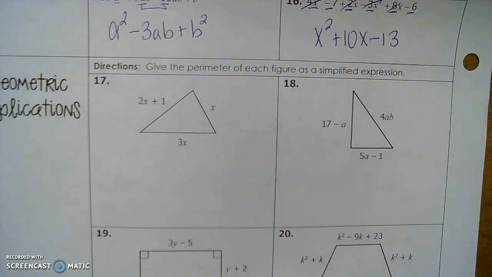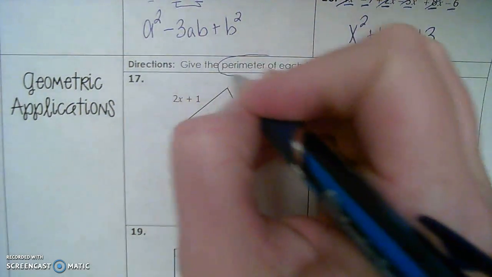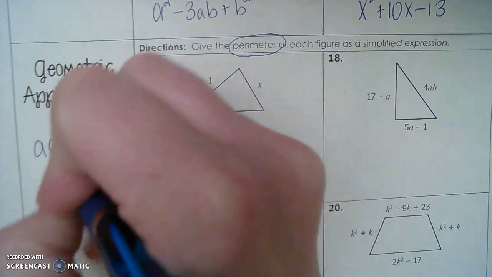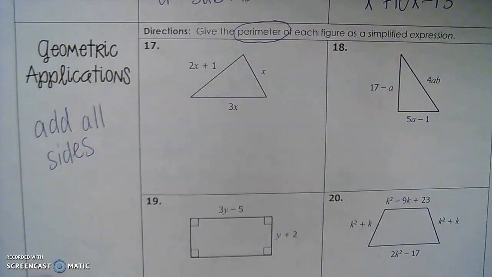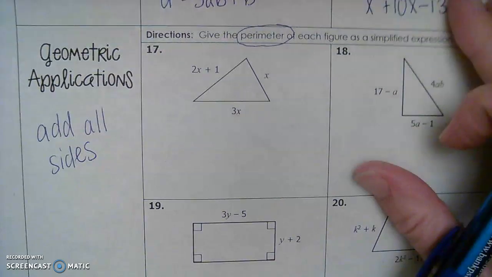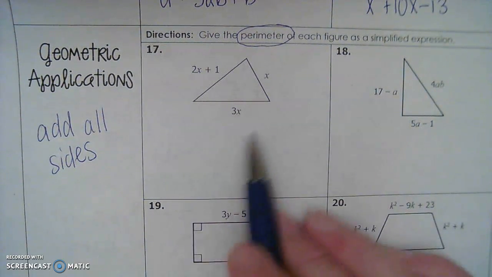For geometry ones, we are going to have a shape, and they ask us to find the perimeter. So that means we add all sides. So the perimeter is the distance around a shape. So to figure that out, you just add all the sides together. It is up to you if you want to rewrite it.